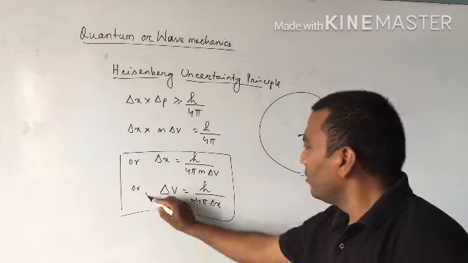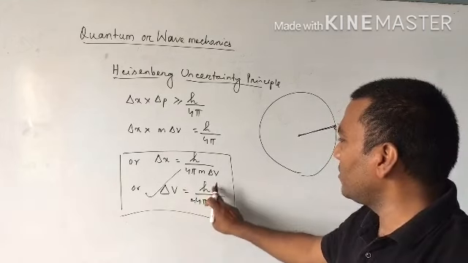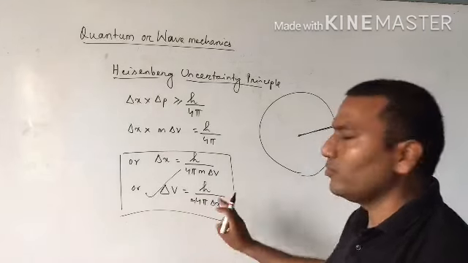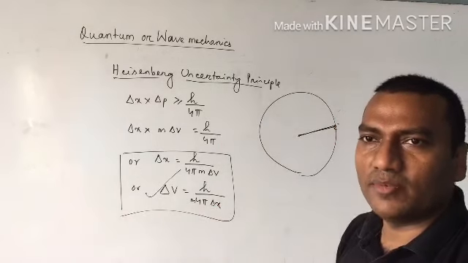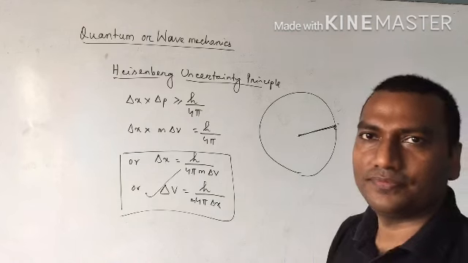Suppose we are calculating velocity. So delta v equals h by 4 pi m into delta x. Now the contradiction method: let the electron be present inside the nucleus.